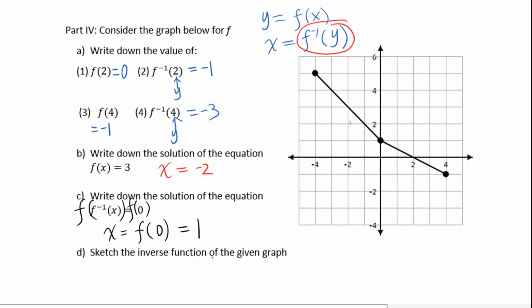Look at the D. Sketch the inverse function of the given graph. First of all, you need to draw y equals x. The intersection is here. This point will be on both original and inverse function. Then we will check key points. This is -4, 5. Then we will switch x, y, find the 5, -4. It's here.